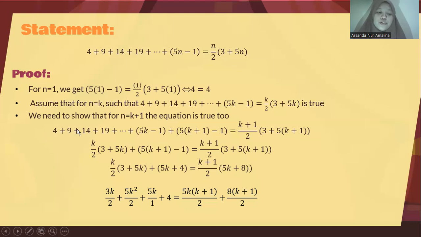So we substitute n equal to k plus 1 in the equality.